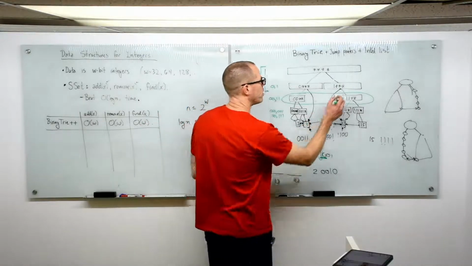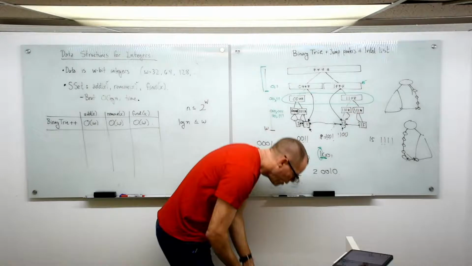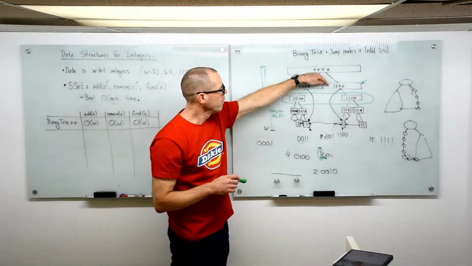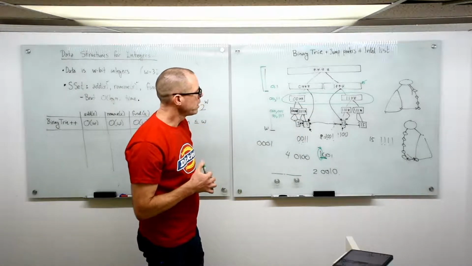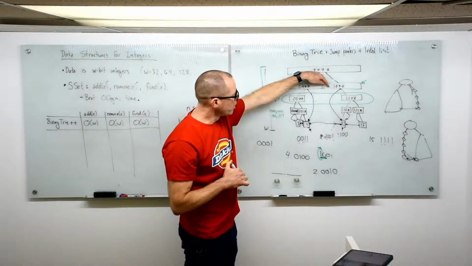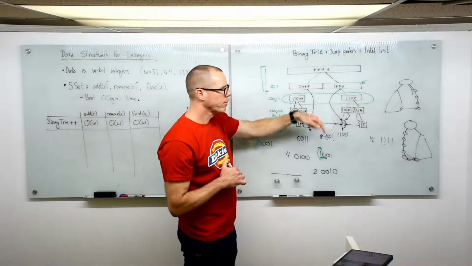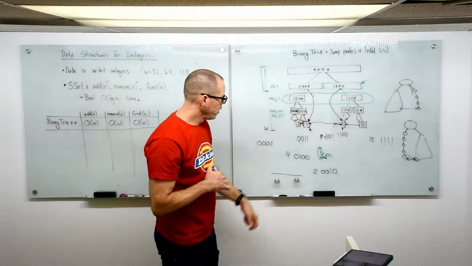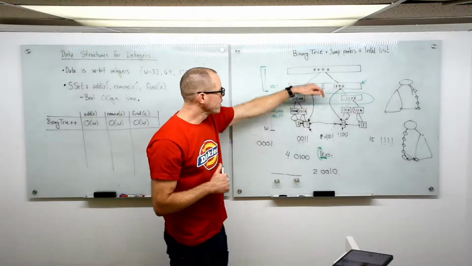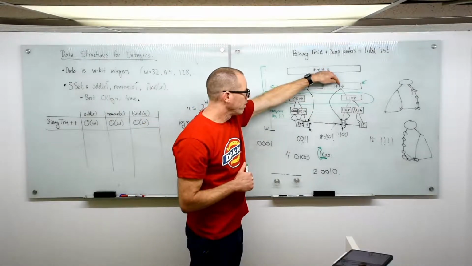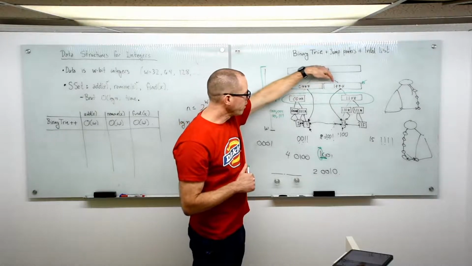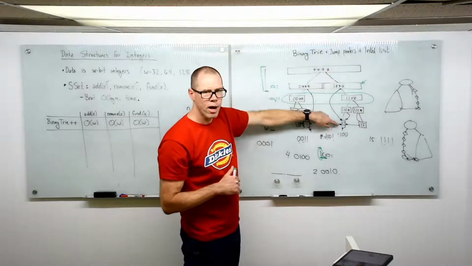And in fact, here's the node that starts with 1. Okay. So let's see what I've figured out so far. I know at this level there's a node that starts with 1, and at this level there is no node that has a 1, 0. So that means that this node has no left child, so it has a jump pointer. And in fact, this is the node that has the jump pointer for 9 that I need.